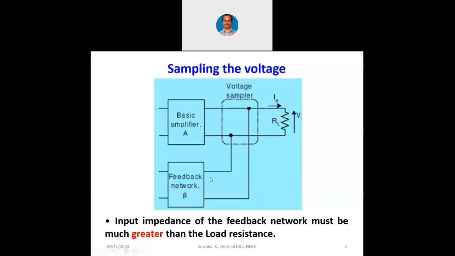But in effect, if the feedback network's input impedance is lesser, then the power will be unnecessarily wasted. So the requirement here while sampling the voltage is that input impedance of the feedback network must be much greater than the load resistance. That is how we have to design the feedback network. This is as far as sampling the voltage is concerned.